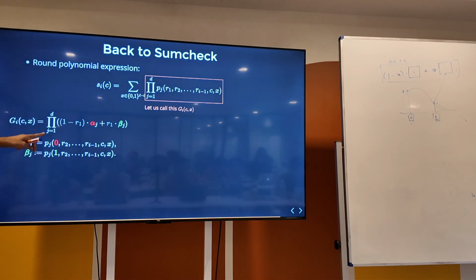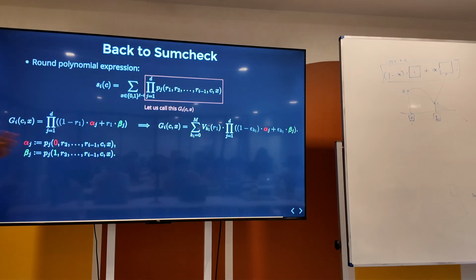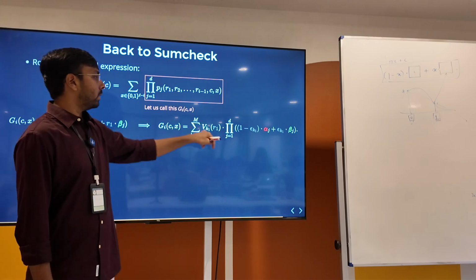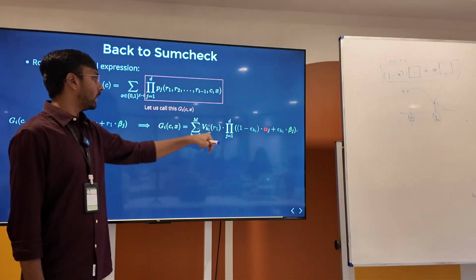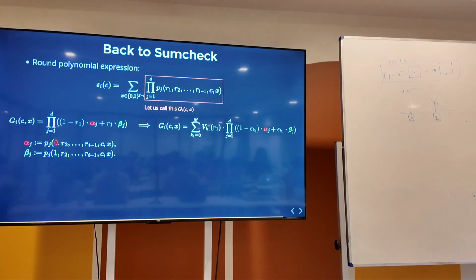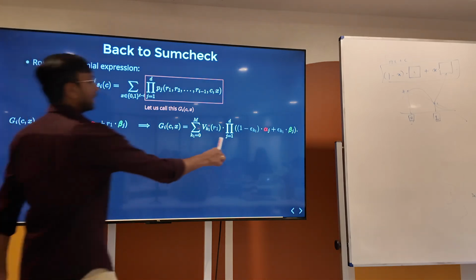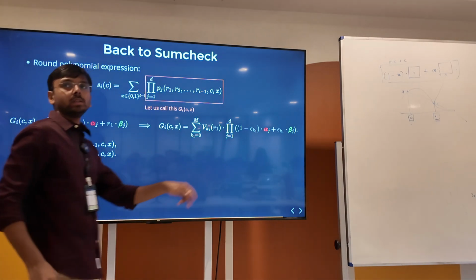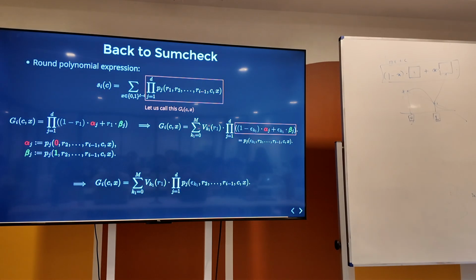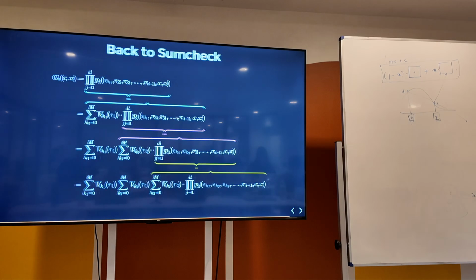As I showed in the previous slide, you can simplify it to this form: a sum of some extension field terms, which are large numbers, multiplied by a product of smaller numbers. And for this, we came up with two techniques. One is the naive algorithm, one is the efficient algorithm. Going from this step to this step is what I wanted to demonstrate here. Now we'll see how this generalizes.